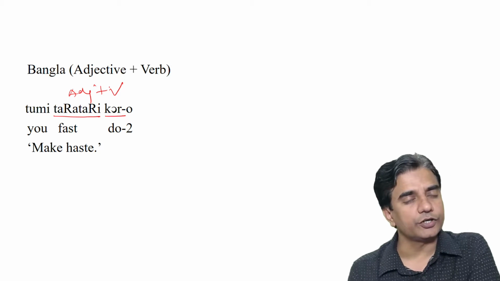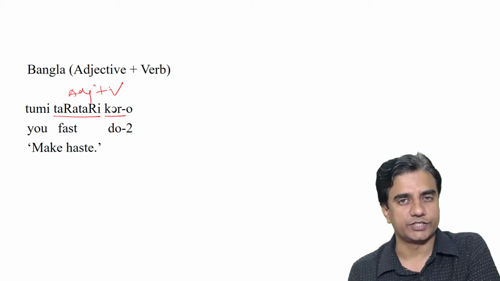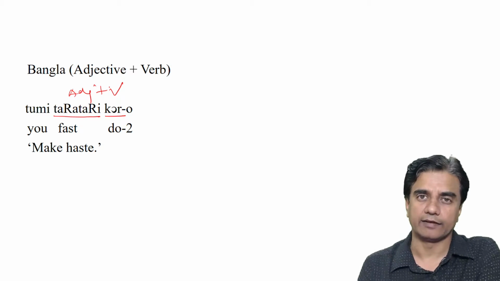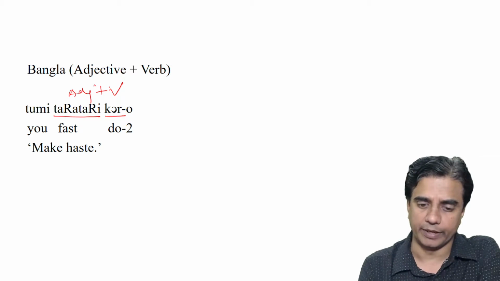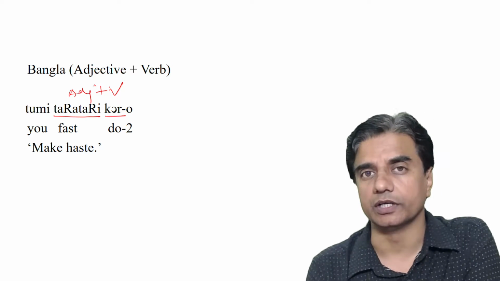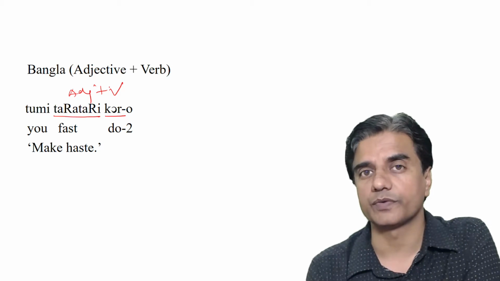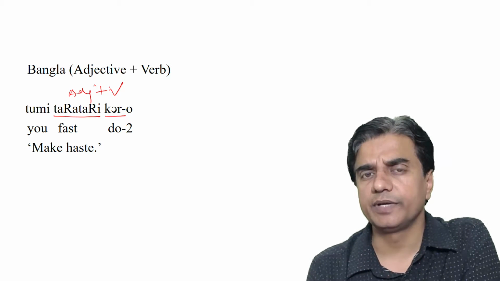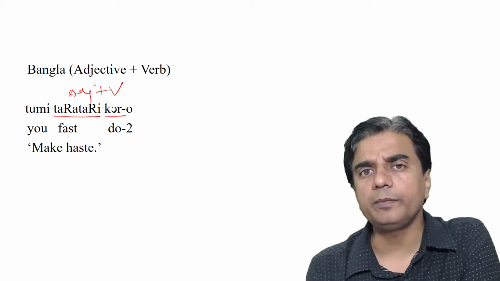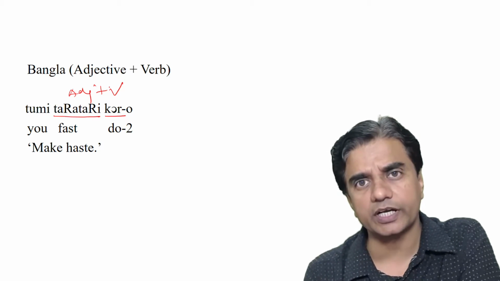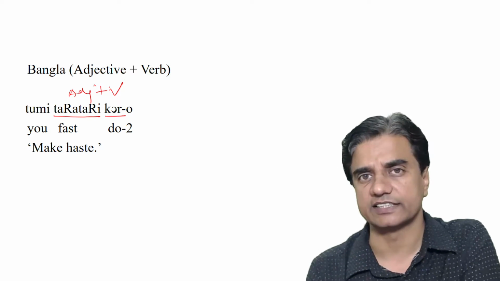So we see a lot of examples of adjective and verb sequence and noun and verb sequence in Hindi and Bangla. The other reason why it is very crucial to understand compound verbs and conjunct verbs in these two languages is because they are very productive patterns in Hindi, and they are very productive patterns in most South Asian languages as well.